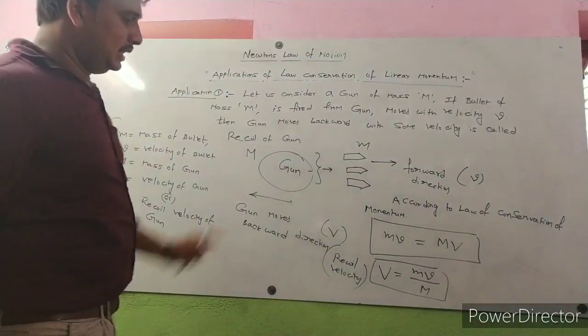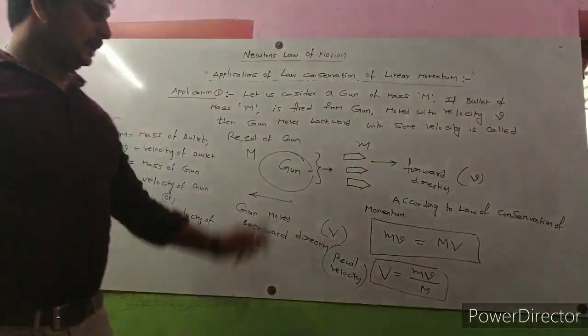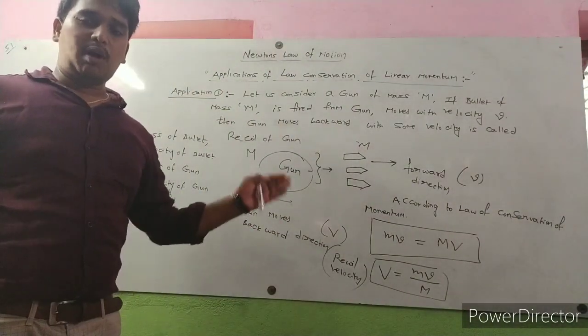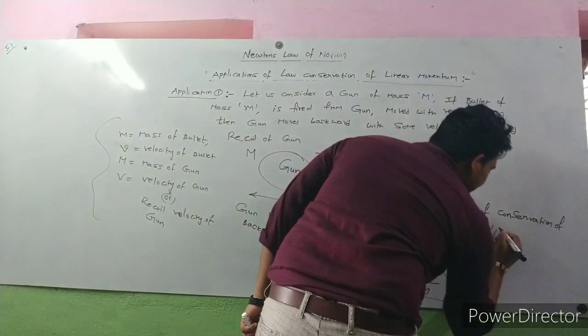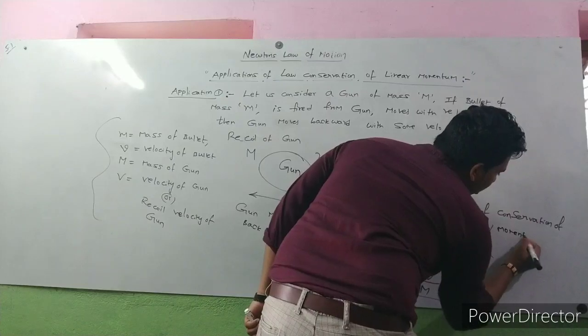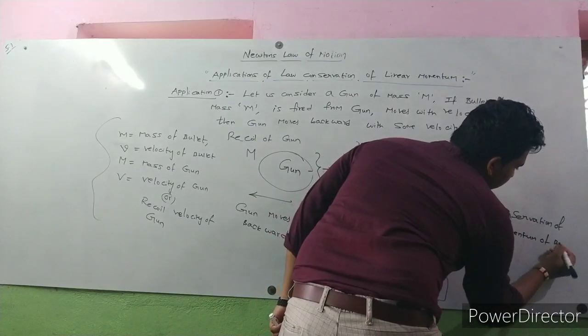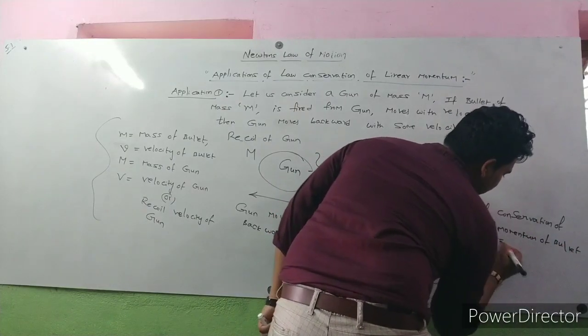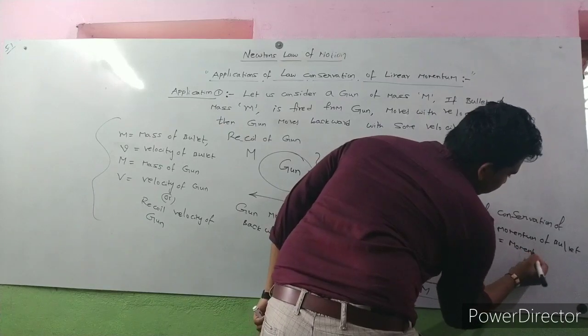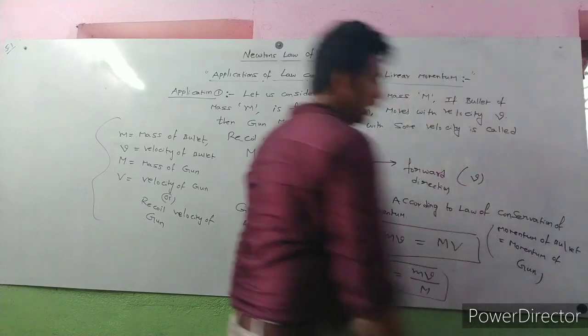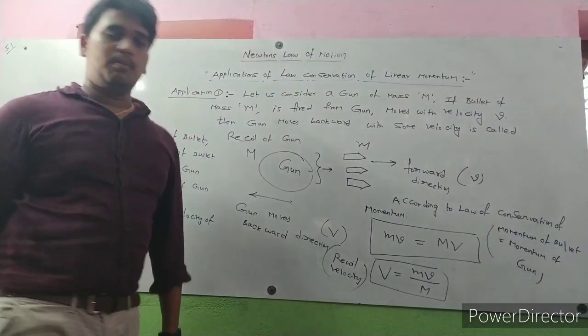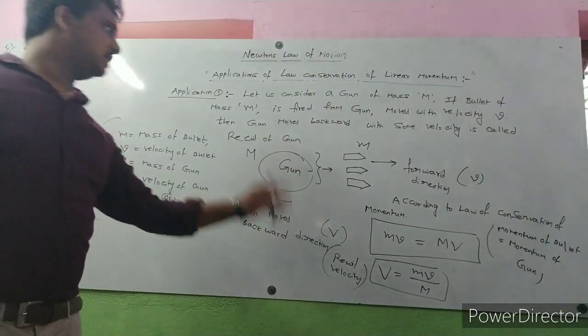Momentum of bullet is equal to momentum of gun. So this is very, very important.